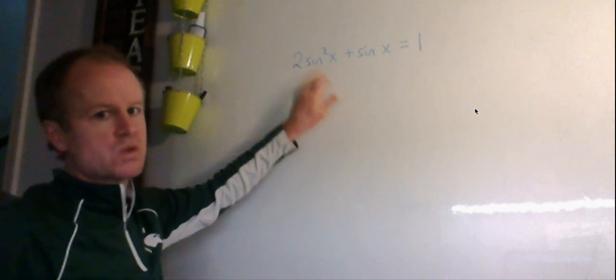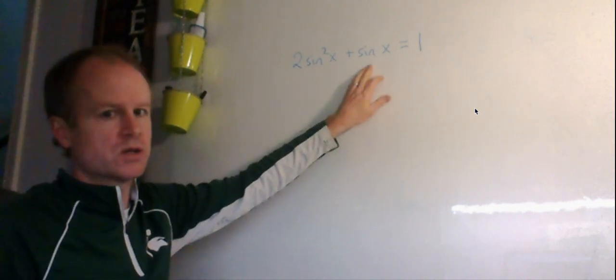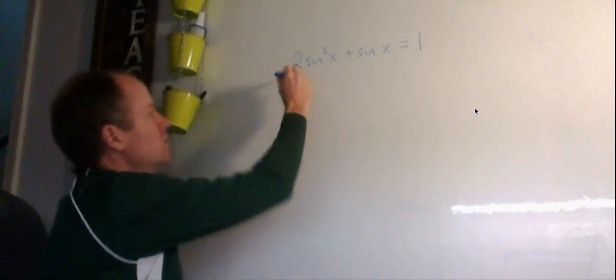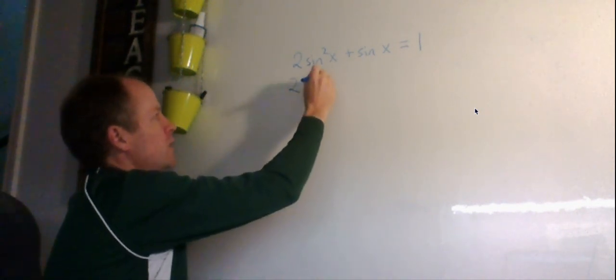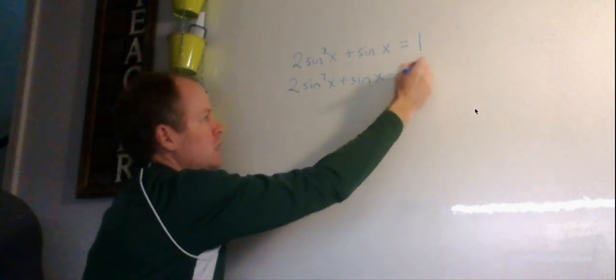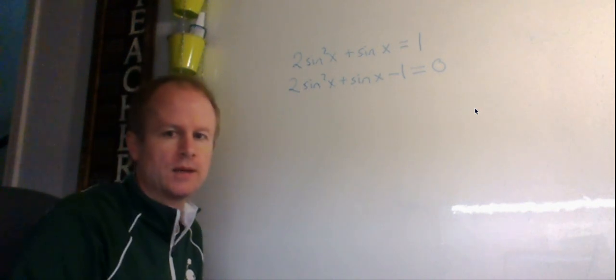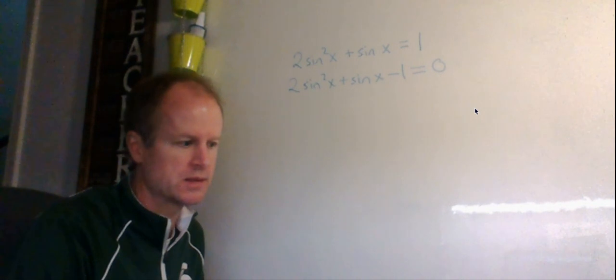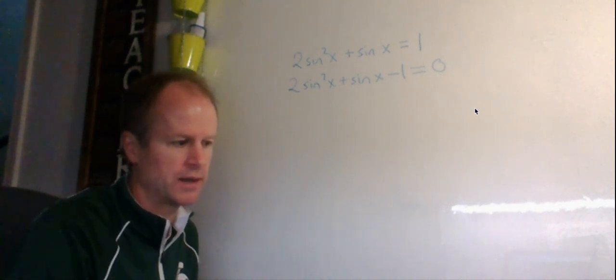First, because I have a squared term and a non-squared term and a number, I'm going to try to get everything on one side. So I'm going to have 2 sine squared of x plus sine of x minus 1 equals 0. So I moved everything to one side. And now this next step is optional, but it's a good thing to know. It's called substitution.